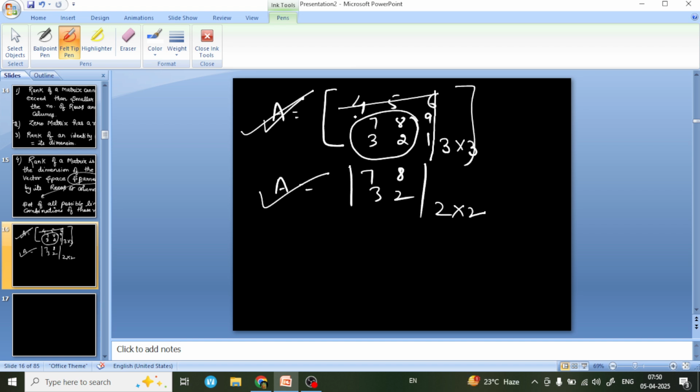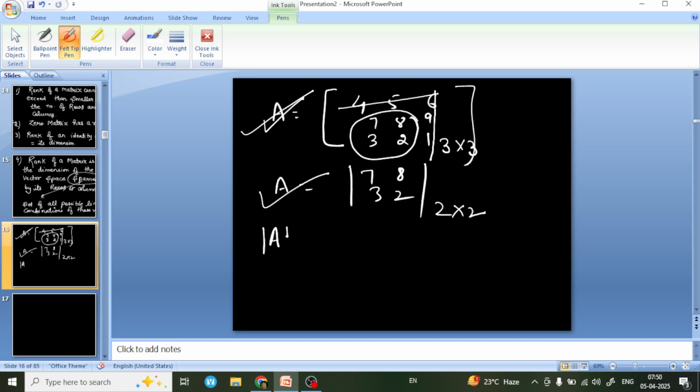Second, the determinant of an R-row square submatrix is called a minor of order R of a matrix. Means when we find the determinant of this submatrix, that is known as a minor of order R of a matrix.